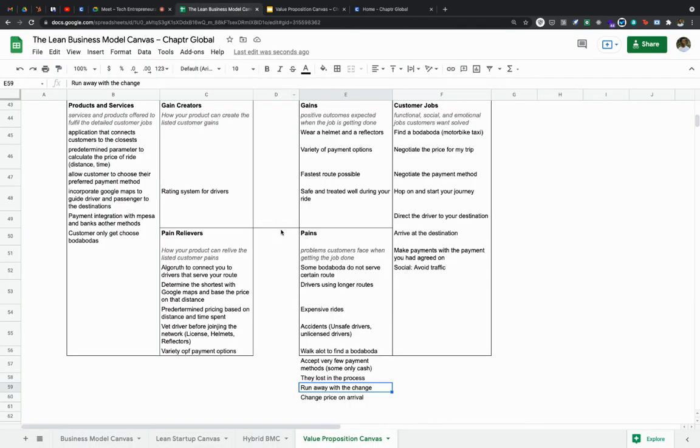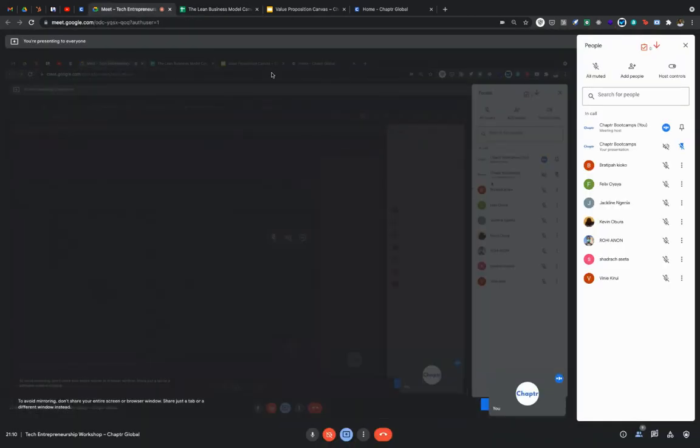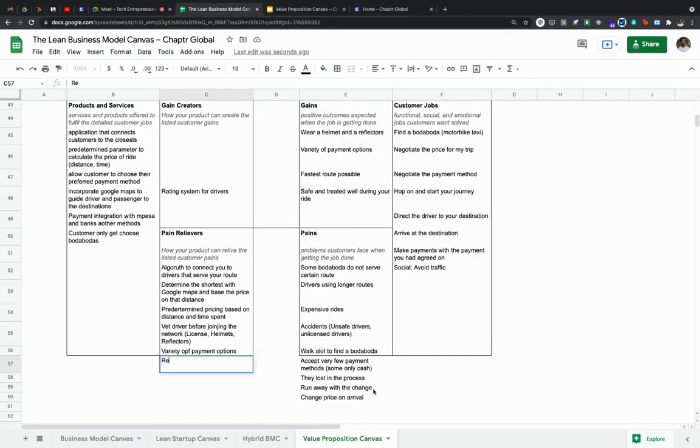Anyone has an idea? Okay, we don't have time, so I'm just going to imagine an idea here. Probably what you can do is create a reporting system in case of issues such as change not received. That's what I could say.